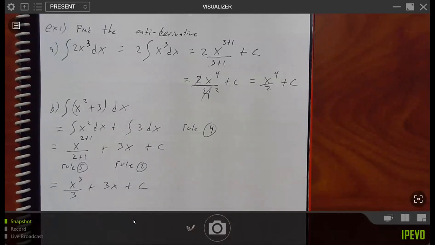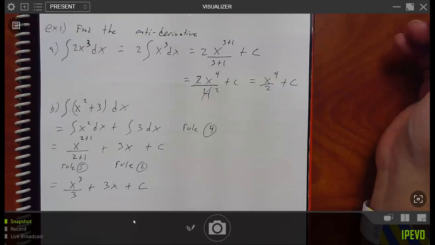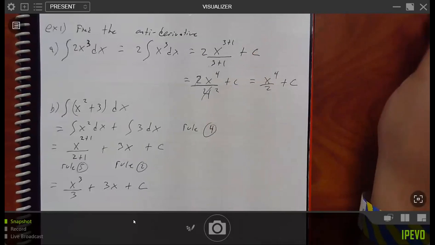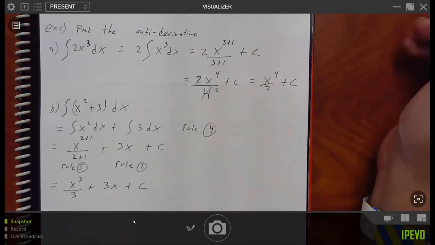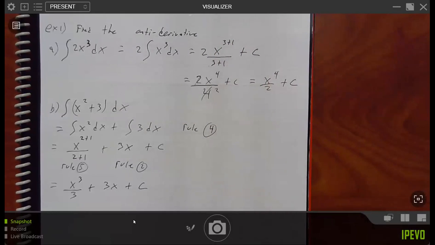Now, in real life problems, C would be determined by an initial condition, like the position or temperature or time, whatever problem we're solving will then dictate what C looks like. But right now we're just doing general stuff. We're solving this guy, so we got some C. Any questions on A or B?